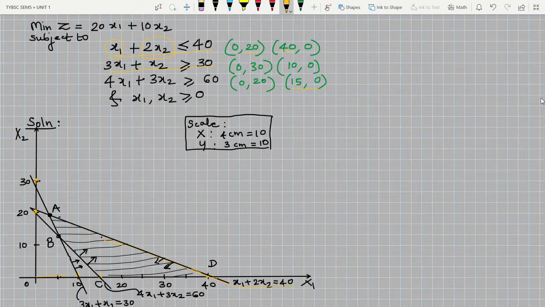Where is 0, 30? It is on the x2 axis. Then you have the second point here, that is 10, 0. Now we join them and you get the second equation, 3x1 plus x2 is equal to 30.